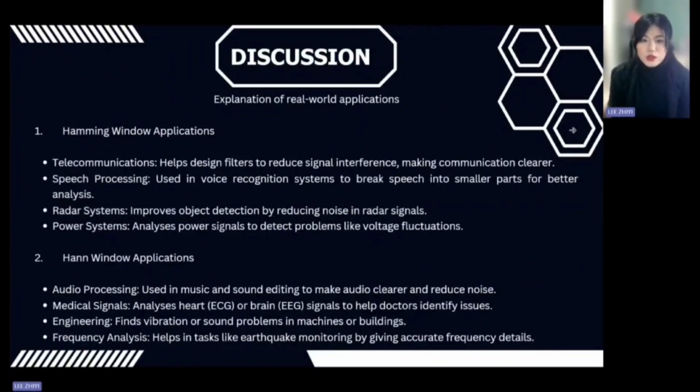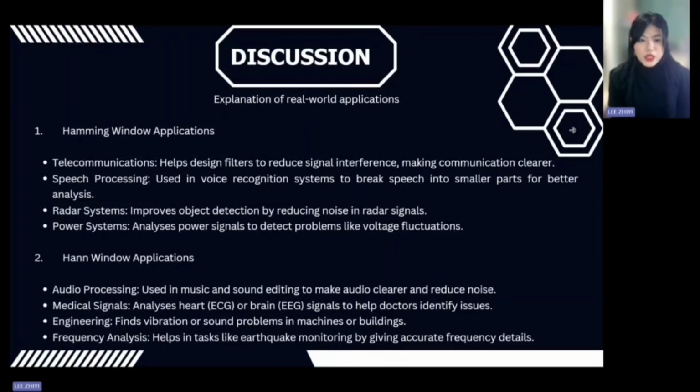For my part, I would like to discuss the explanations of real-world applications. Since the Hamming window is good at sharp filtering and has less noise, it is recommended for use in telecommunications, to help design filters that reduce signal interference, making communication clearer.